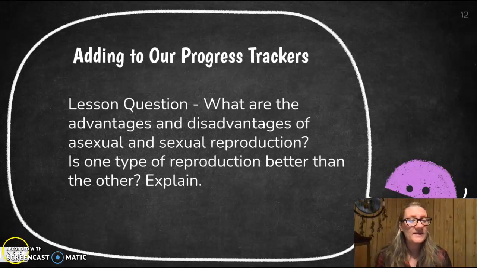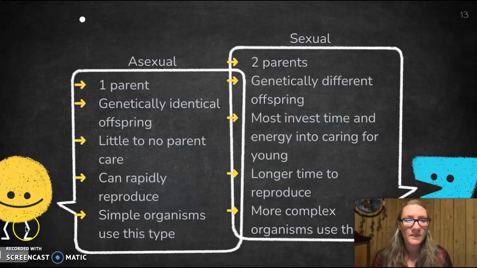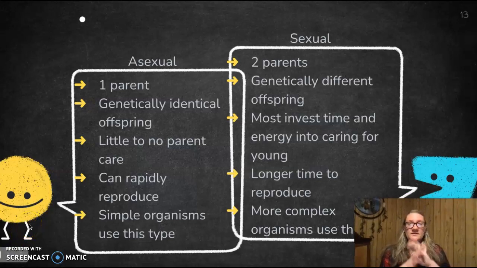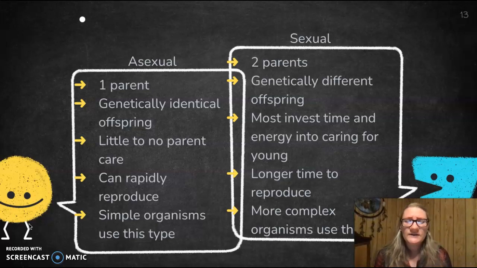So, let's go over, again, just to review, what happens in each type of reproduction. This one slide is a very good summary slide for this entire lesson. Asexual reproduction only has one parent, produces genetically identical offspring, requires little to no parent care, can reproduce rapidly, and they're very simple organisms.